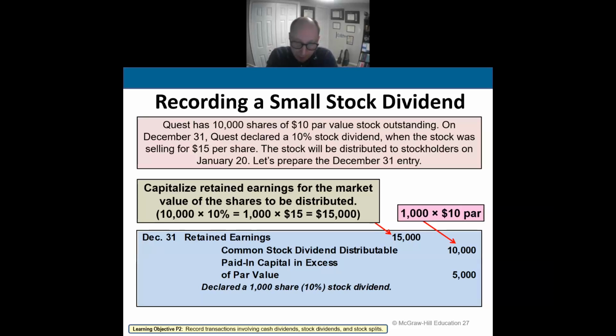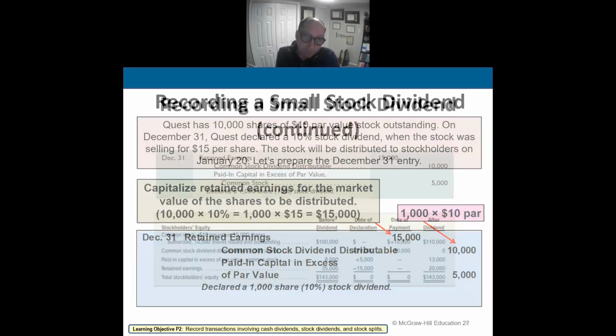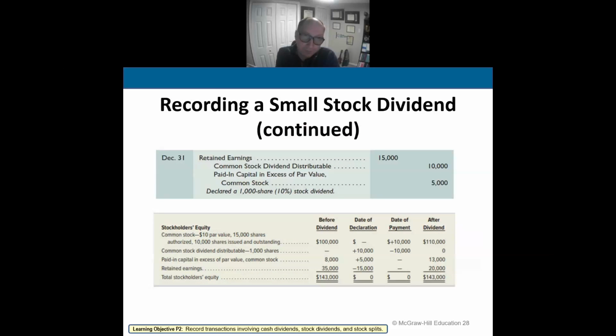Okay, cool. And then they'll credit the excess if it's in excess or if it's in loss with the capacity. But this is an example of what that looks like. Nice example, and this is the effect, of course, on the stockholders' equity.